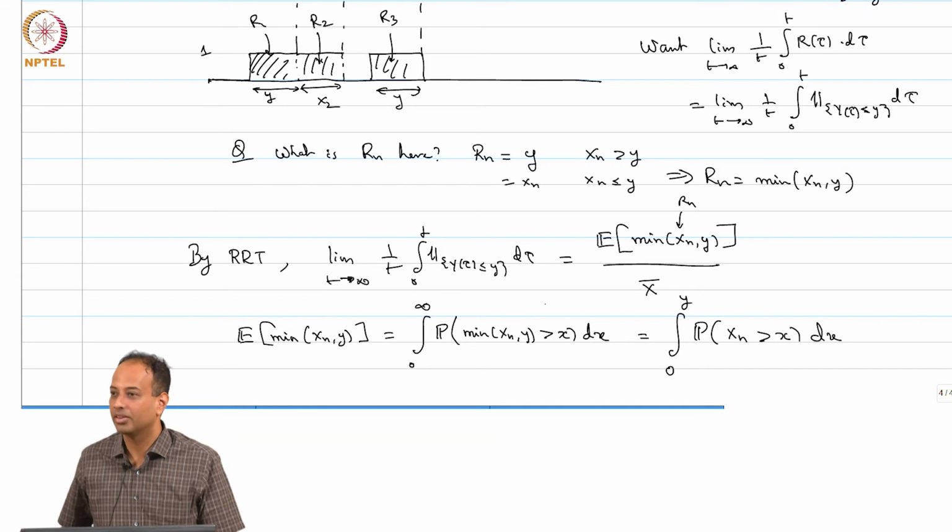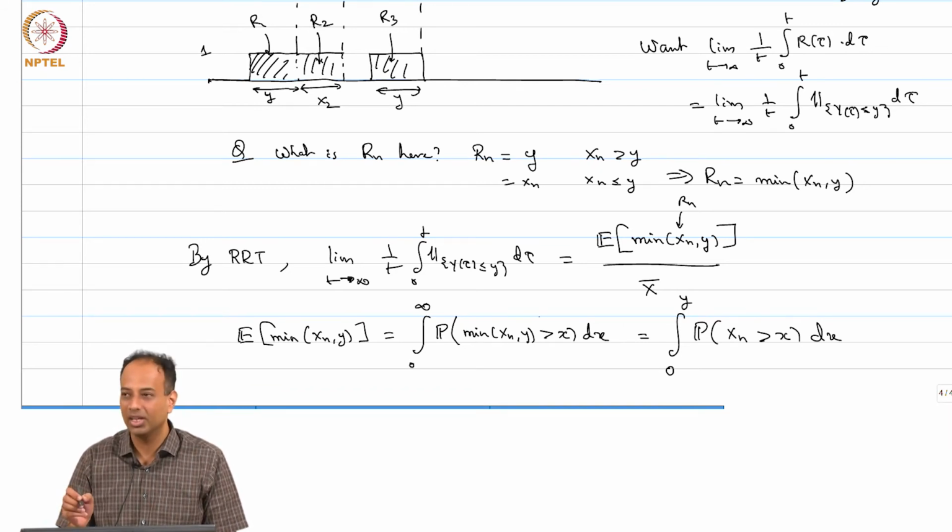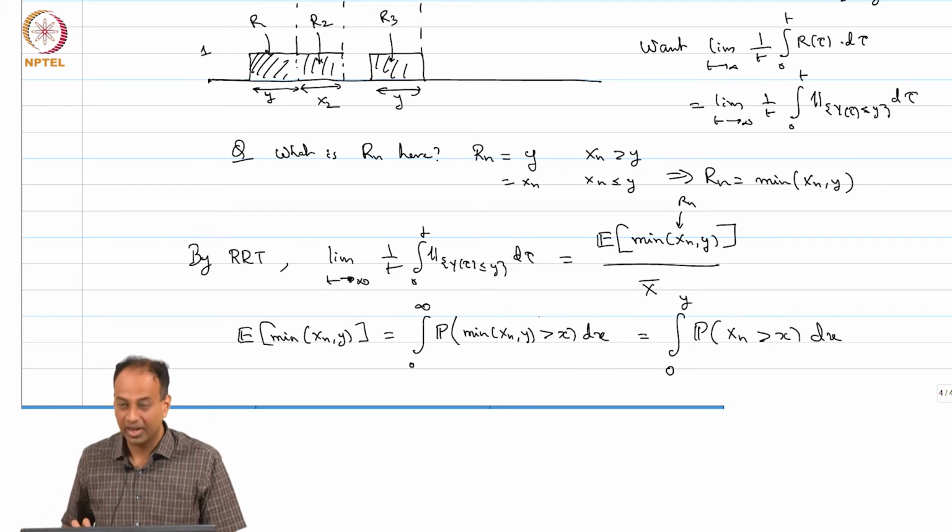So, that is all that remains. When you look at values of x which are less than y, then min of x n comma y will simply be x n.